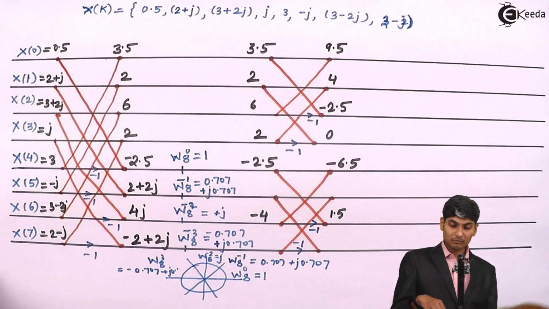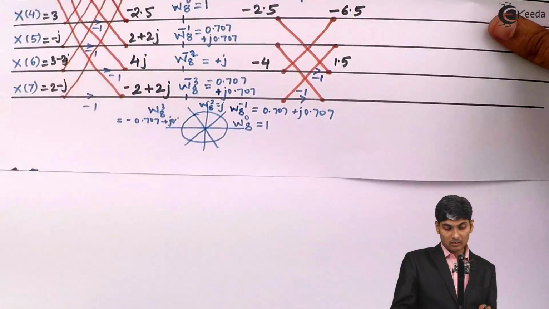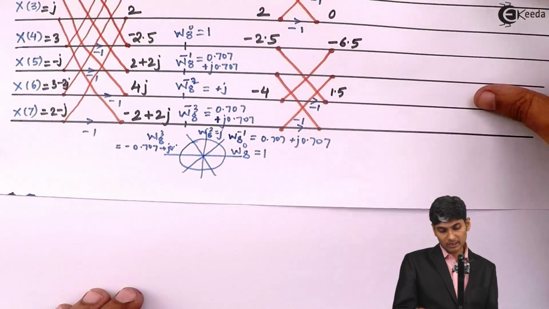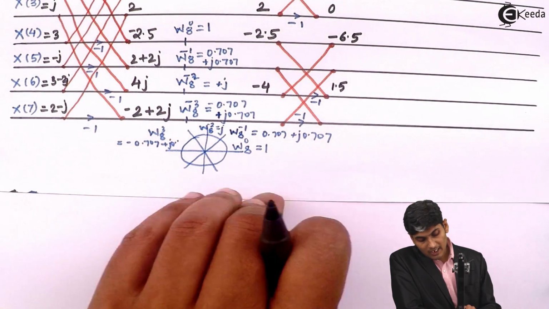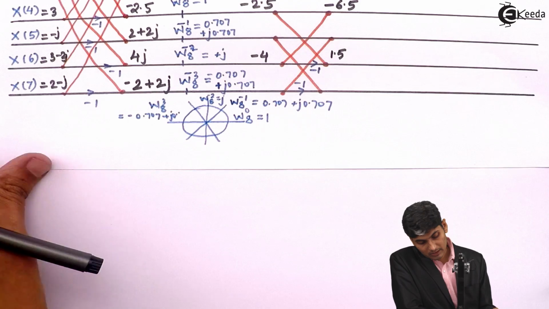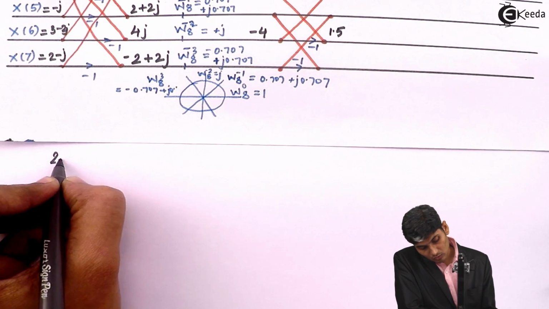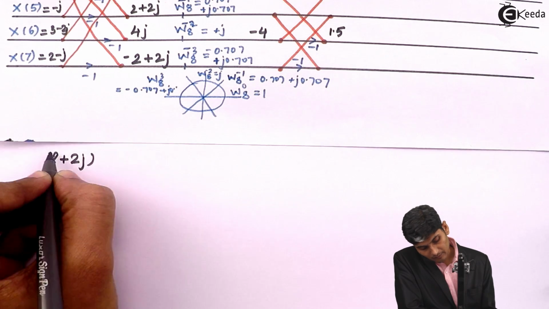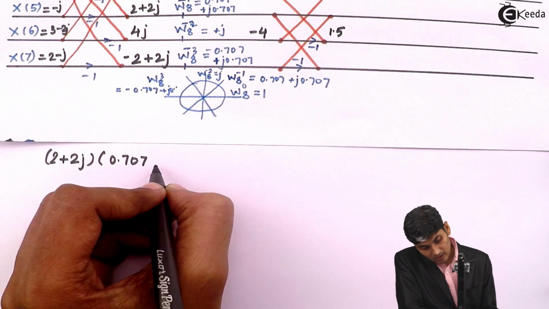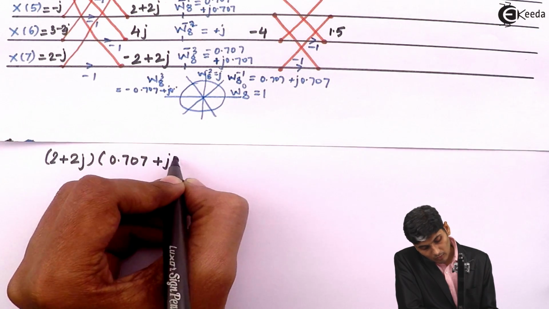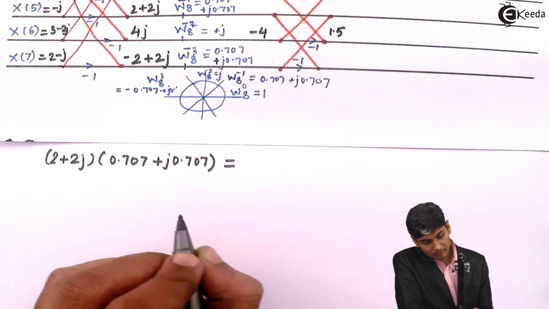For the complicated multiplication, let us take a fresh sheet. By just looking at the complicated multiplication, I will perform here. We have two complicated multiplications. One is 2 plus 2j, which is getting multiplied by 0.707 plus j 0.707. So how to multiply this?